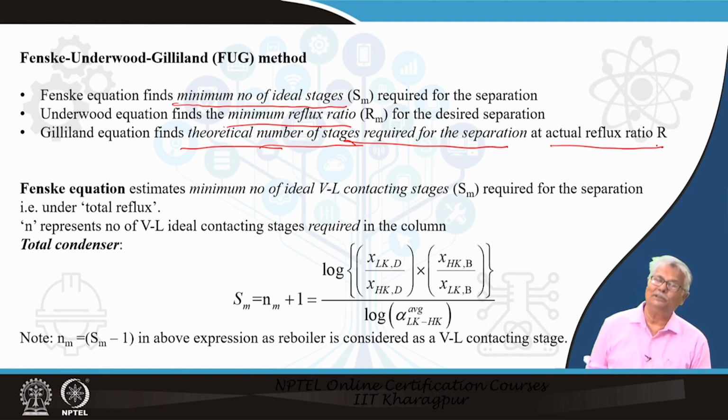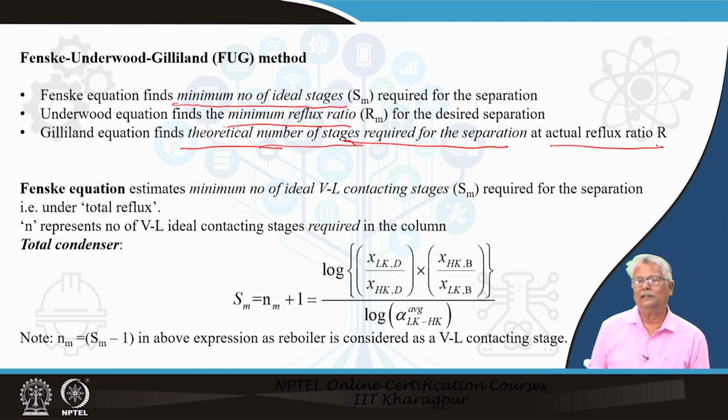There is one more thing that we will see later on, that is how to split the total number of stages, which is basically S, found from the Gilliland equation, into the stages above the feed tray and the stages below the feed tray. At the same time, obviously, this is going to tell us the location of the feed tray as well.